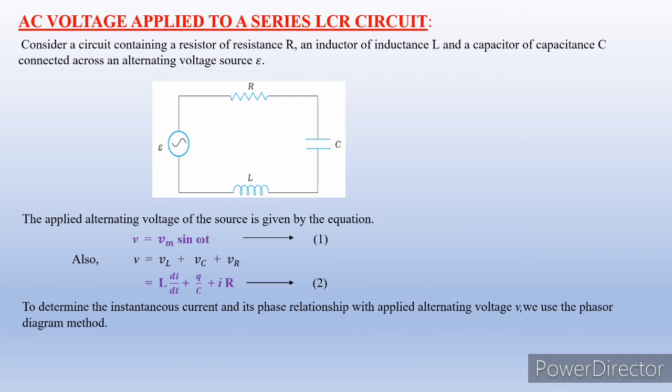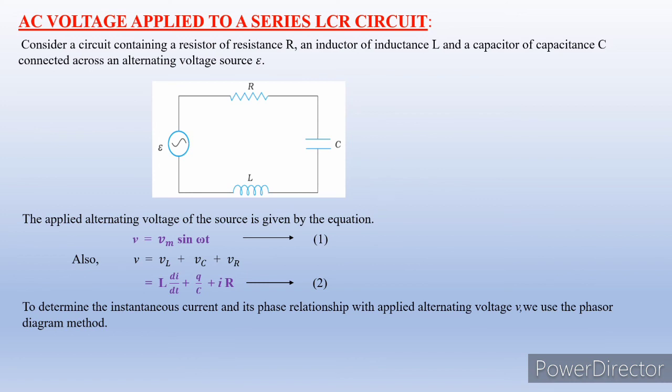The applied alternating voltage of the source is given by the equation V equal to Vm sin omega t. This is equation 1. Also, V must be equal to V across the coil, that is VL, plus V across the capacitor, that is VC, plus V across the resistor, VR. That is V equal to VL plus VC plus VR, that is equal to L di by dt plus Q by C plus IR.